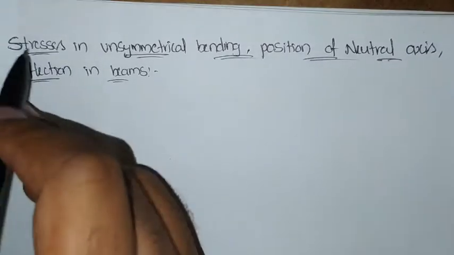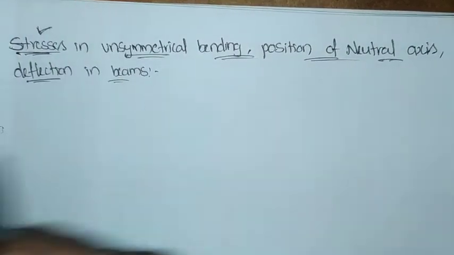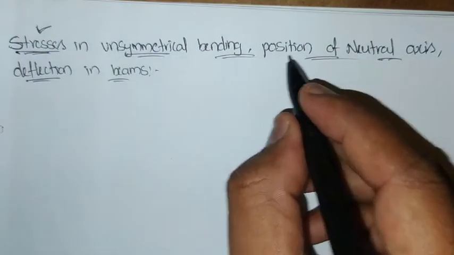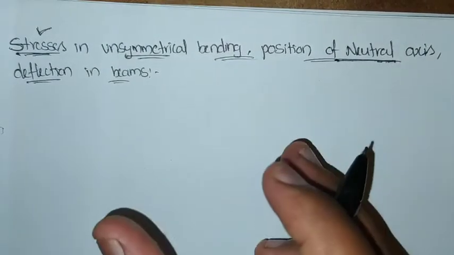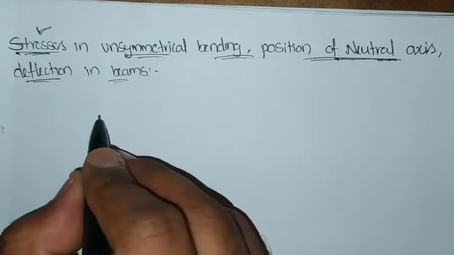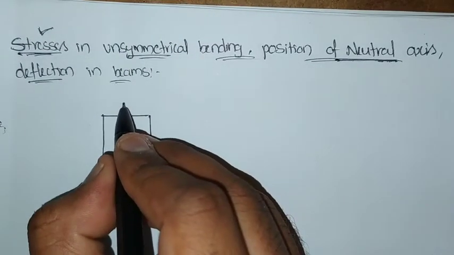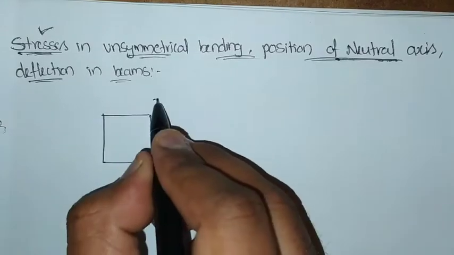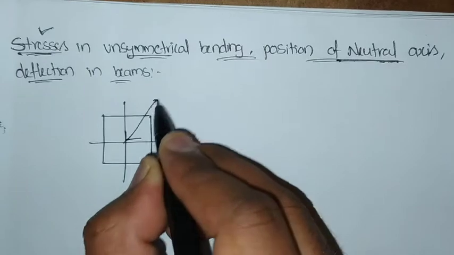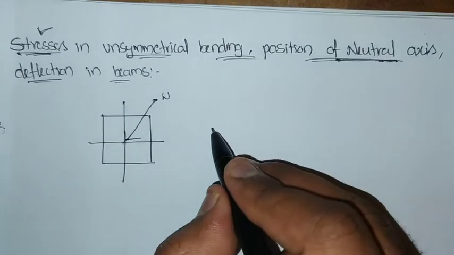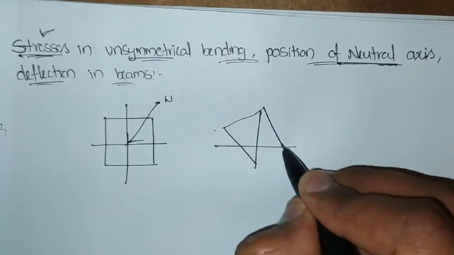First we are going to find out the stresses in an unsymmetrical bending of a beam, and then we will find out the position of the neutral axis. When the bending comes up, it is going to tilt in some direction. This is an unsymmetrical section. When the load W acts in an inclined way on the central axis, it is going to tilt in this direction.